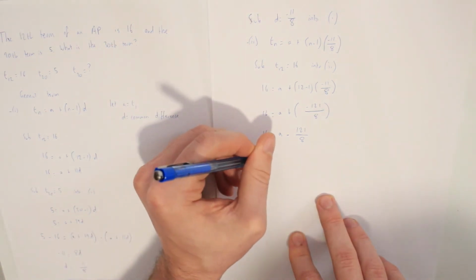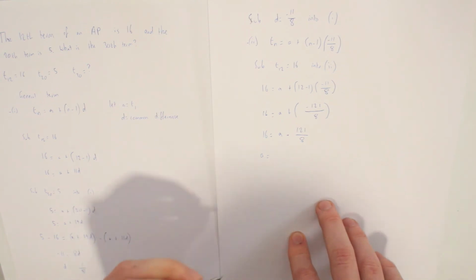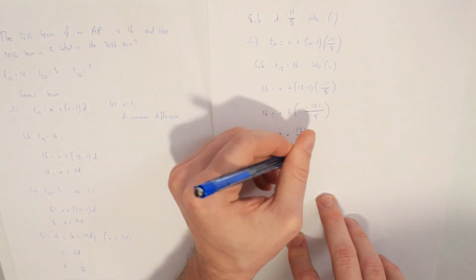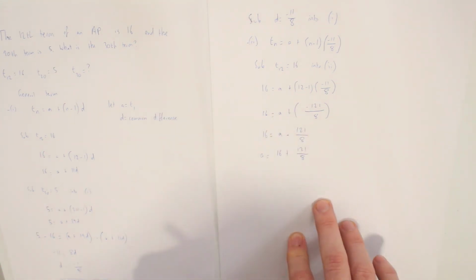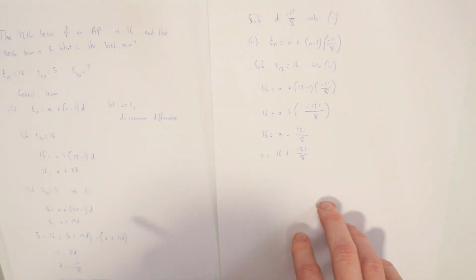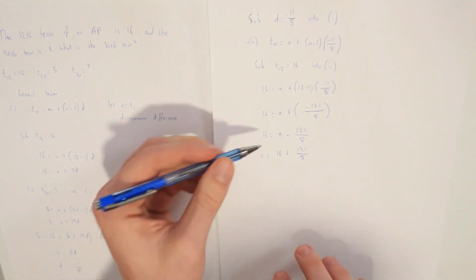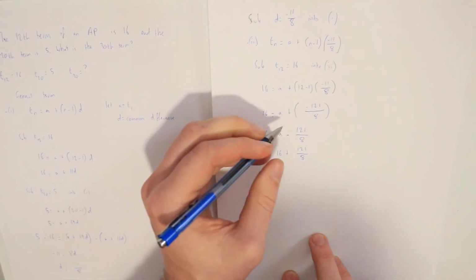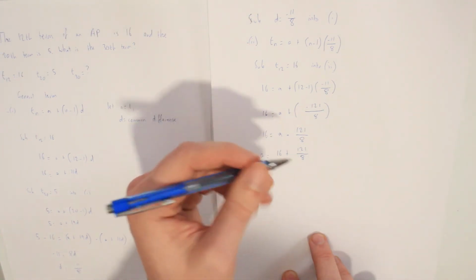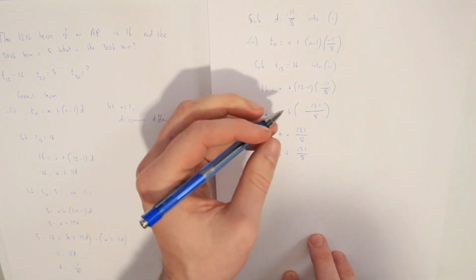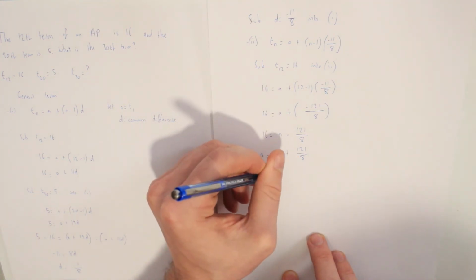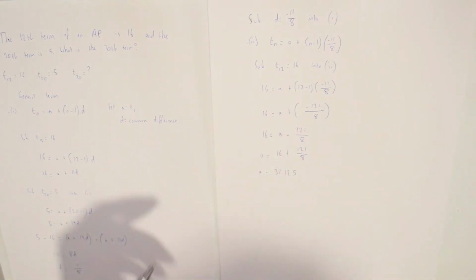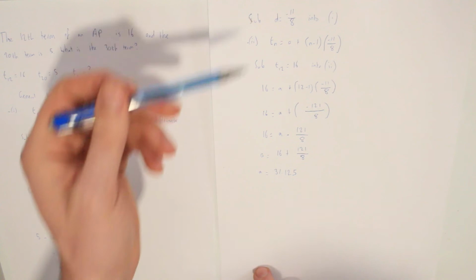Therefore, A equals 16 plus 121 divided by 8. If we add these two together, you're going to get a nicely rounded decimal of 31.125. Awesome. Now we know a value for A and we know a value for d.